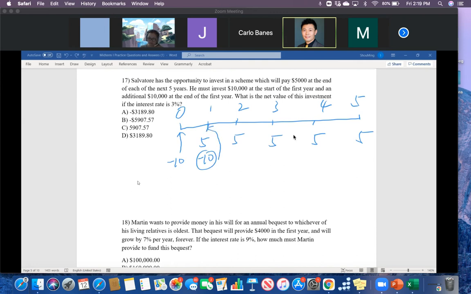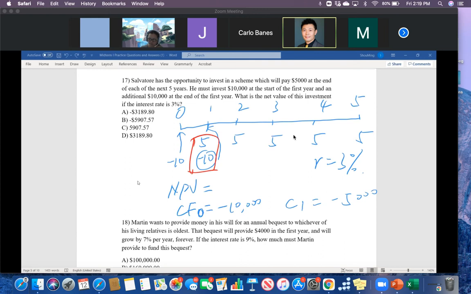So given this cash flow, given the interest rate equal to 3%, we want to calculate the net present value, right? So again, this is a very simple question. CF0 would equal negative 10,000, okay? Or C1 would equal negative 5,000, right? Because these two can be combined together, okay?